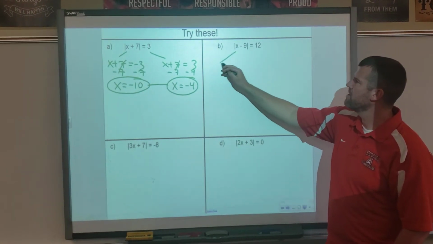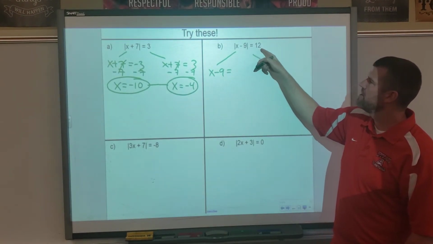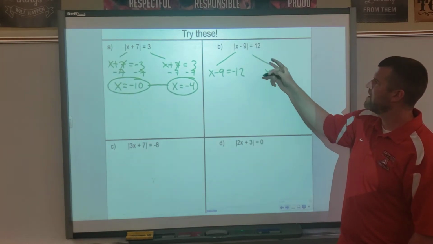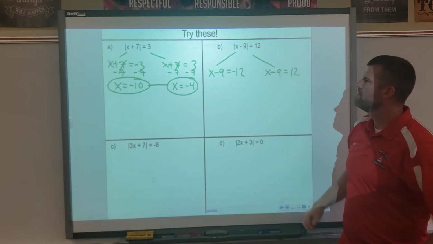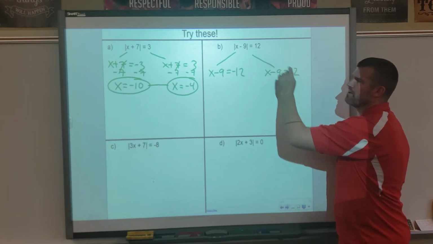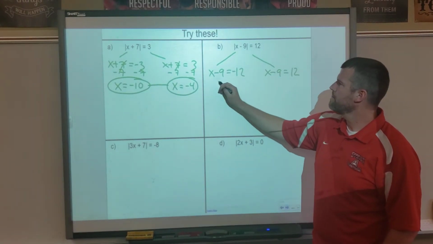Same thing here, we're going to set up 2 problems. X minus 9 equals -12, or x minus 9 equals +12, because we know that both -12 and +12 will have an absolute value of 12. We can then solve it. Add 9.